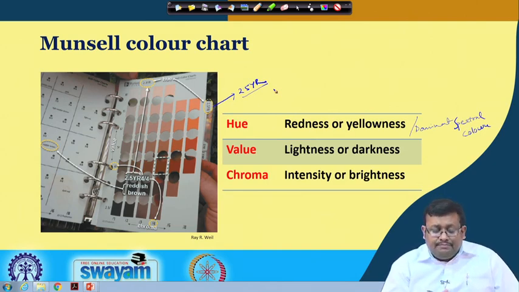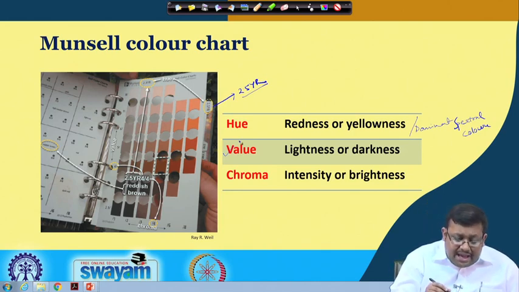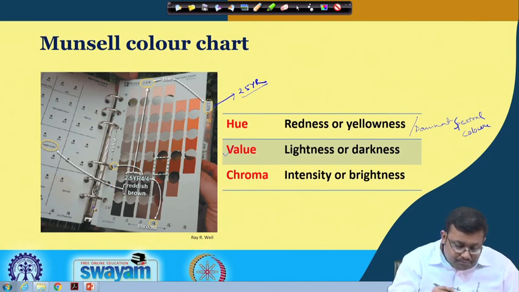You will also find another variable called value, and obviously value will be increasing, as you can see in this Munsell soil color chart, from bottom towards the top.